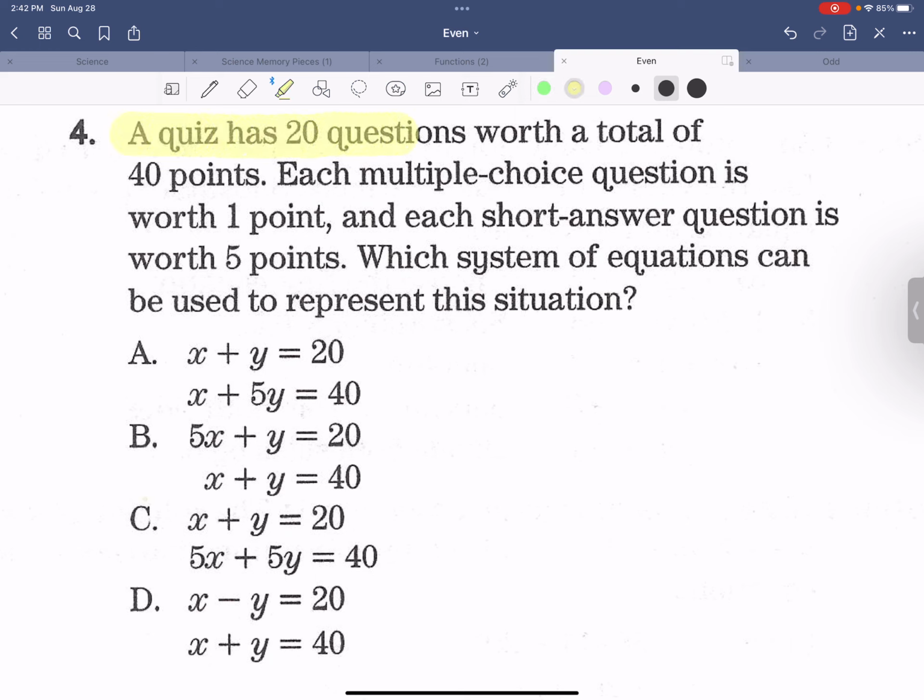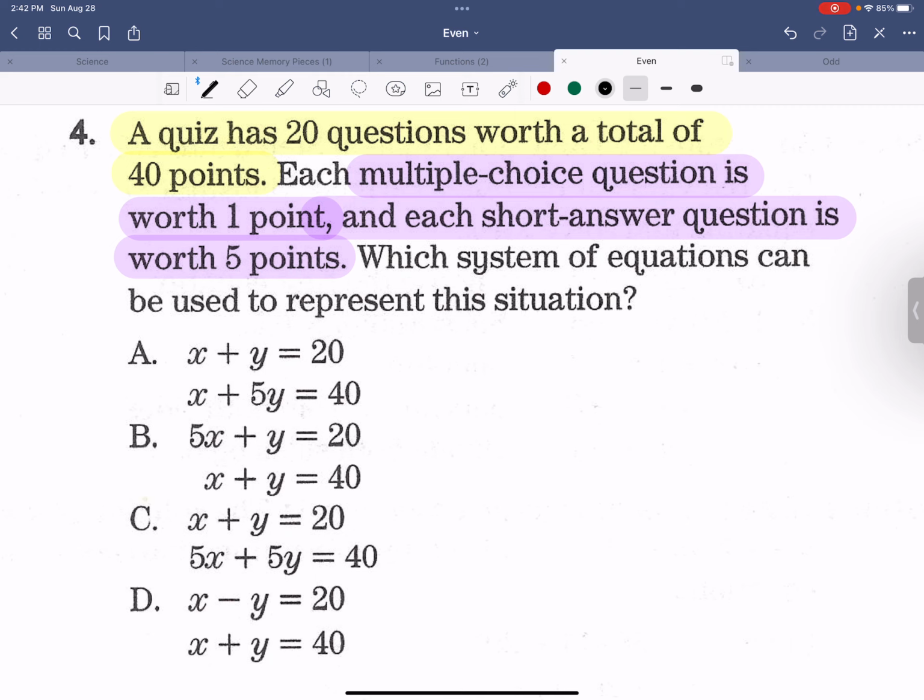A quiz has 20 questions worth a total of 40 points. Then here's the other scenario. Each multiple choice question is worth 1 point, and each short answer question is worth 5 points. So we have 2 variables, questions and points. We also have 2 variables, multiple choice and short answer.